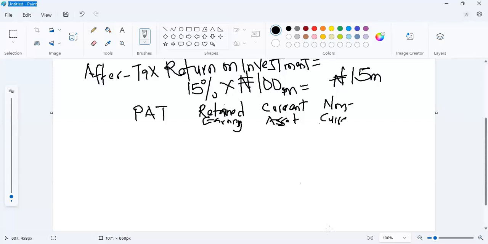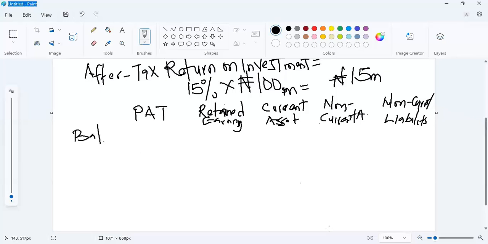Again, my non-current liability. But you can actually do this adjustment straight.